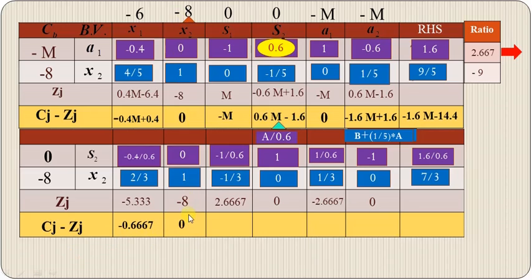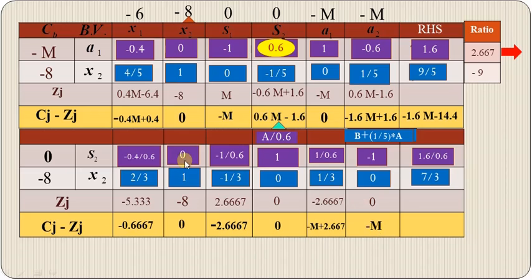Next, minus 8 plus 8, 0. 0 minus 2.6667, that is minus 2.667. 0 minus 0, you will get 0. So minus M, you will get minus M plus 2.667 and minus M.